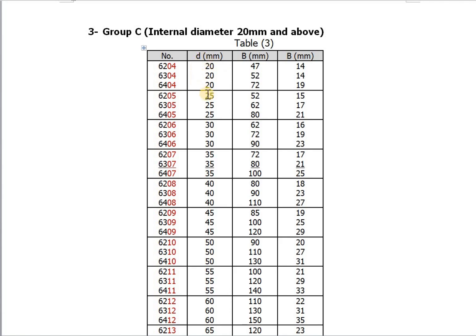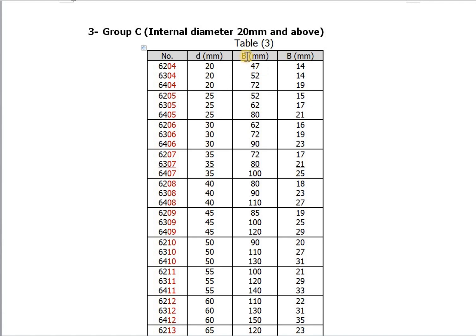Here the internal diameter is constant, but it is different in the type of load series: 2, 3, 4. The outside diameter is different.